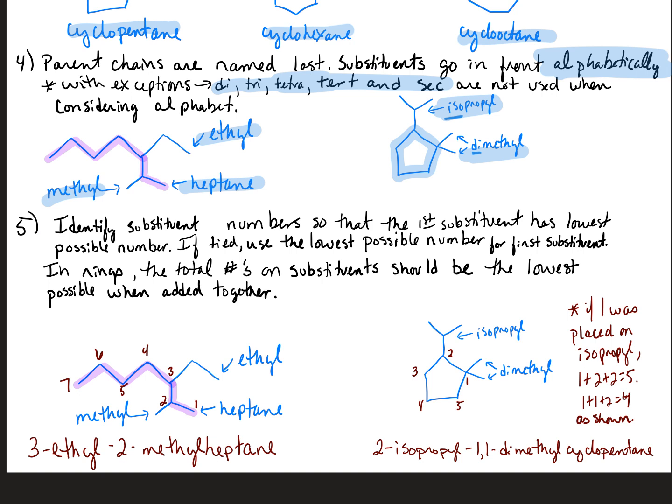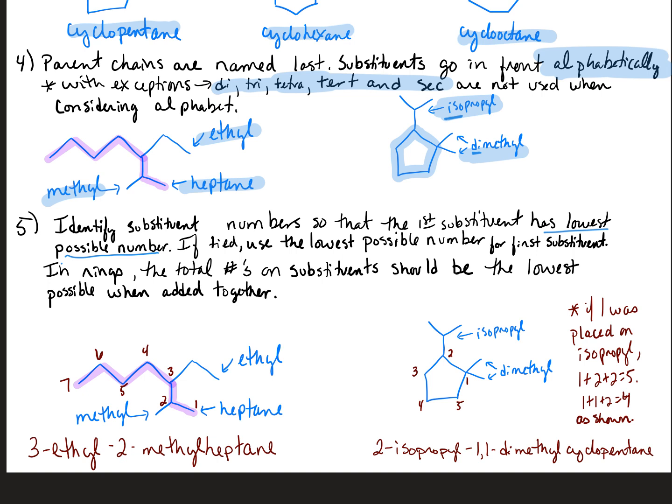So now we have to identify the substituent numbers. And here's how we look at that. When it comes to a chain, we want to get the first substituent to the lowest possible number. And that is important because chains are slightly different, as I said, than cyclos. Okay?